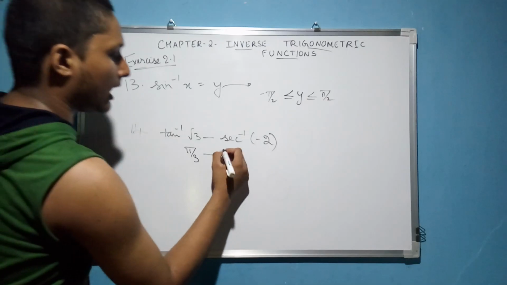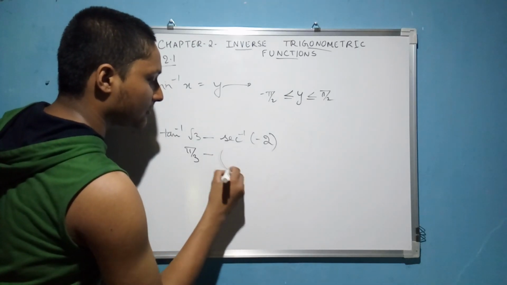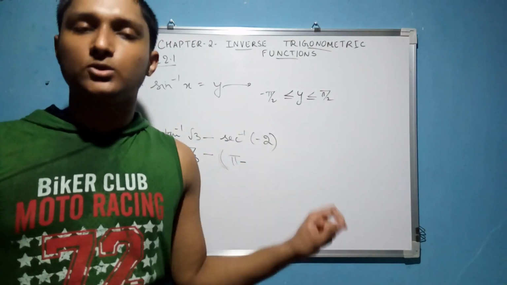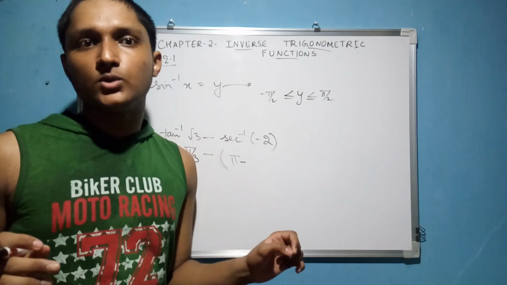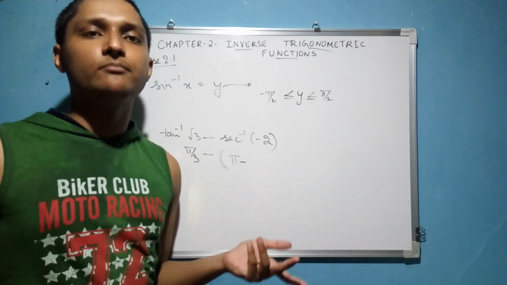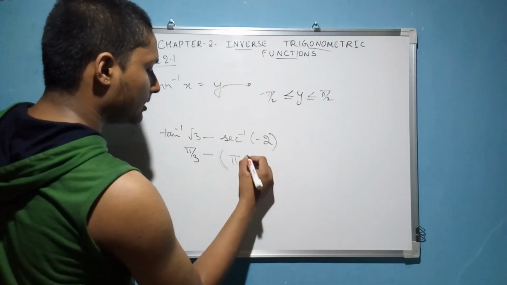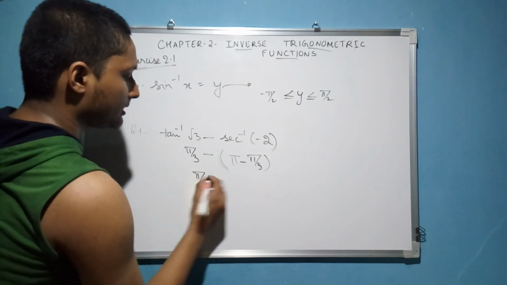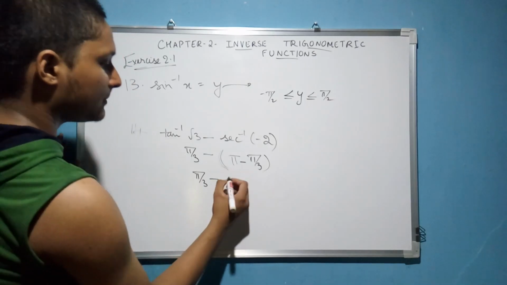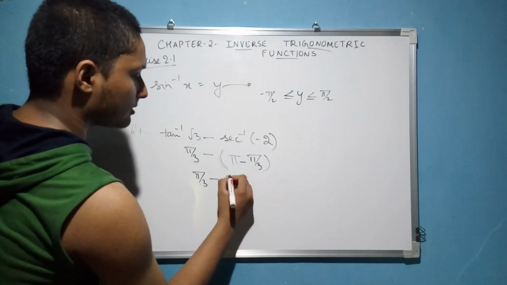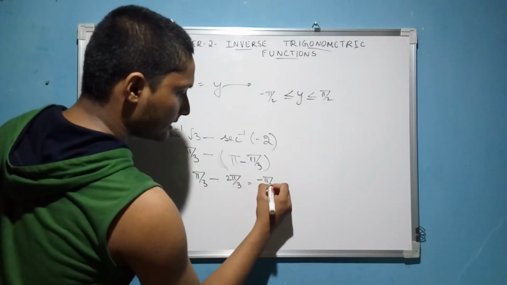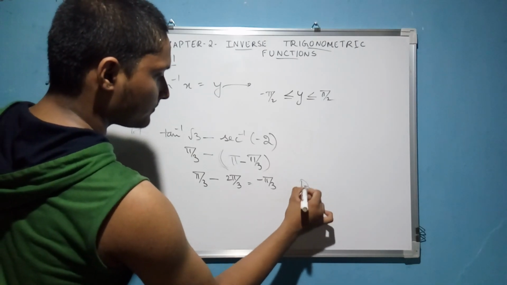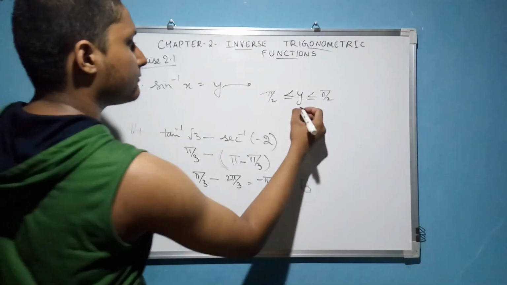So it is a negative sign, so I need to do it to be pi minus something. So the value for which sec theta comes to be 2 or cos theta comes to be 1 by 2 is 60 degrees. 60 degrees stands for pi by 3. Therefore it is pi minus pi by 3 is 2 pi by 3. Therefore it is pi by 3 minus 2 pi by 3. That comes to be minus pi by 3. That stands for the option B. Okay, I didn't tell which was option here. The option there was also B.